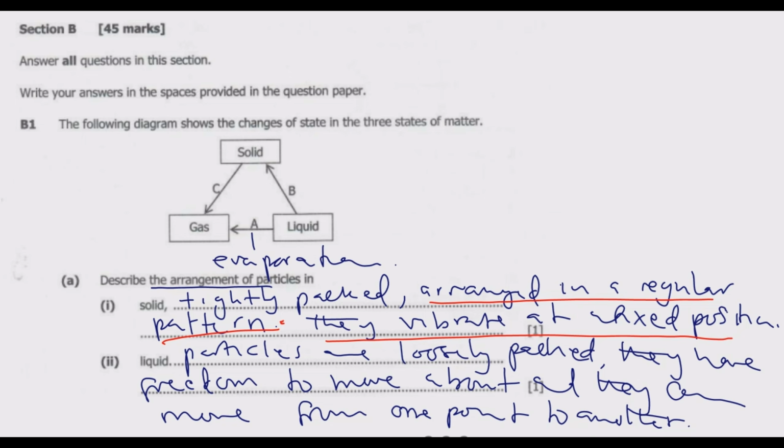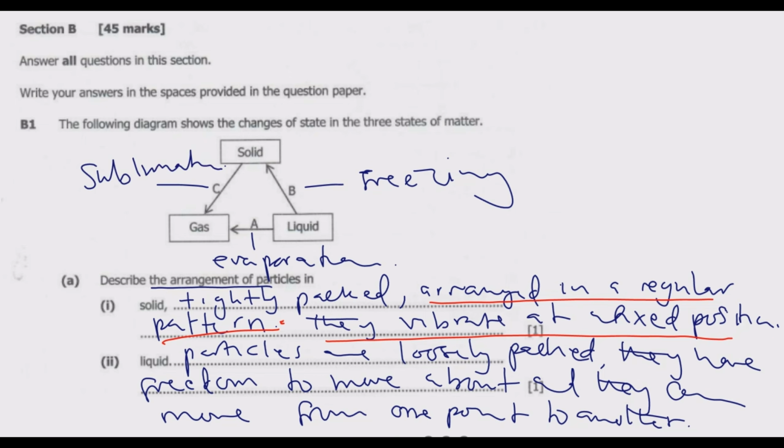Then B is from liquid to solid. So liquid to solid, meaning basically there is freezing. Then C, which is solid to gas, direct from solid to gas without passing through liquid state. This is basically sublimation.